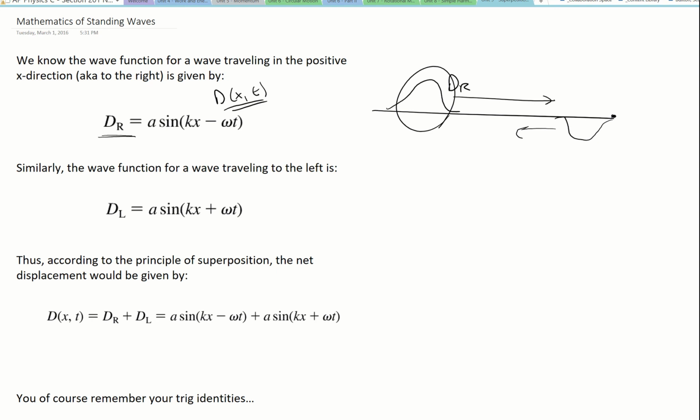Well, d sub l is basically the same thing. The only difference is the negative becomes a positive. And the reason for that is because the direction has changed. Because the direction of the angular velocity and the direction of the linear velocity matter, when it's returning to the left, we define that as being a positive value. Now, I don't want you to stress too much about the why behind that.